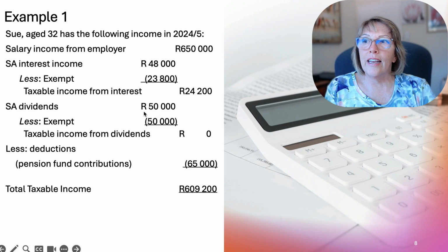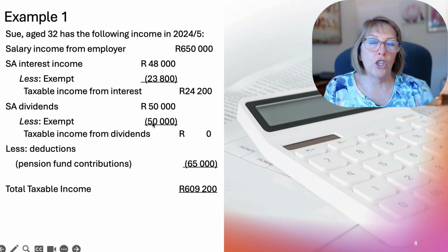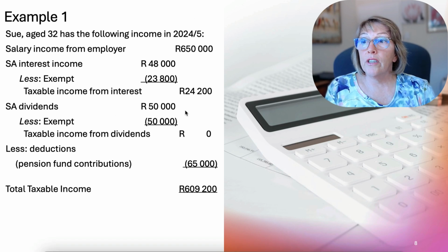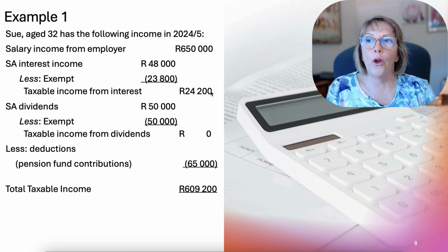Dividends, well, all SA dividends are exempt essentially. And so there's no taxable income from dividends. So although she earned 50,000 Rand of dividend, it's all exempt, so there's no taxable income. So the combination of her interest and dividends, how much taxable income comes from that? 24,200, all right? Now, if we look at her deductions, she's contributed to a pension fund.